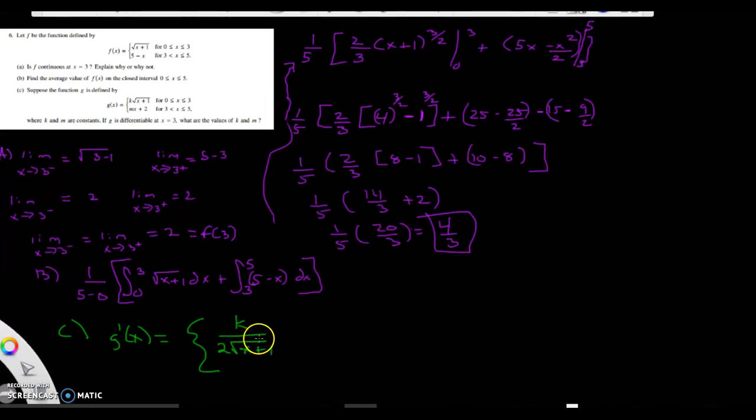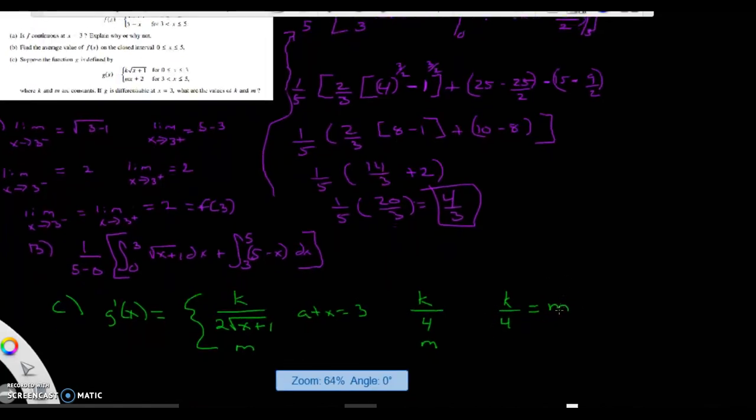The derivative of x is just 1, so it stays the same, and the derivative of the other piece is m. So now we know both of these have to equal one another at x equals 3. If you plug in 3, you're going to get k over 2 times root of 3 plus 1, which is 4. Root of 4 is 2, 2 times 2 is 4. And this is m. So we know k over 4 equals m.